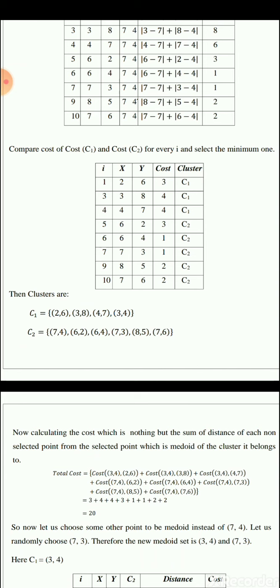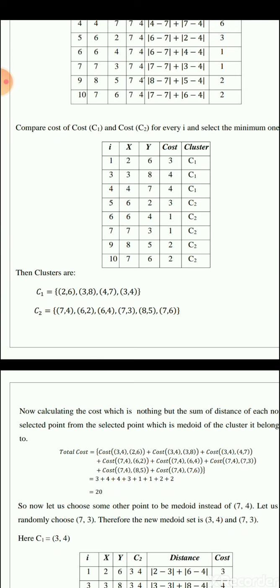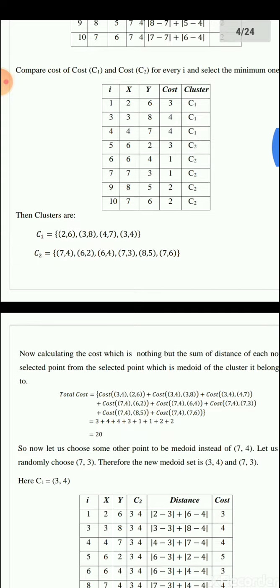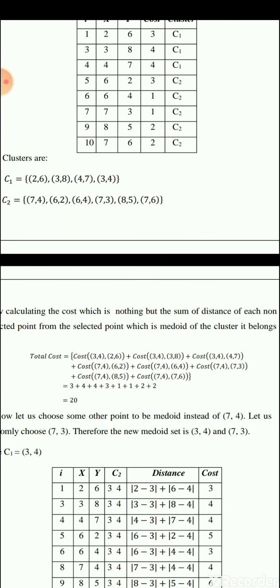Now calculate the cost, which is the sum of the distances of each non-selected point from the selected point, which is the medoid of the cluster it belongs to. The total cost is the cost of (3,4), (2,6) and so on. For each one you find the cost: if it is in cluster C1, you take 3,4; if it is in cluster C2, you take the coordinate 7,4.